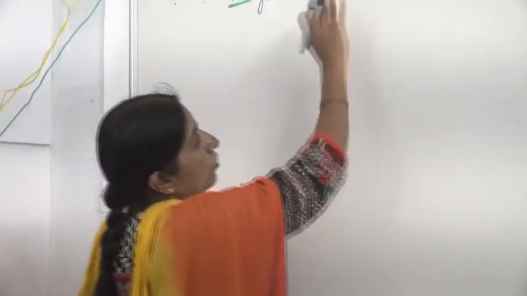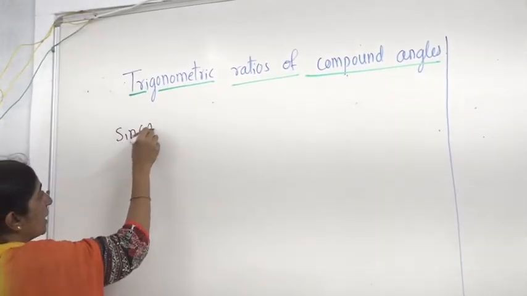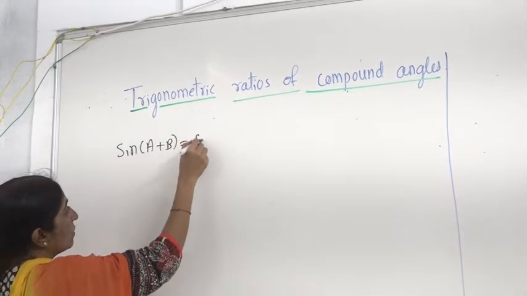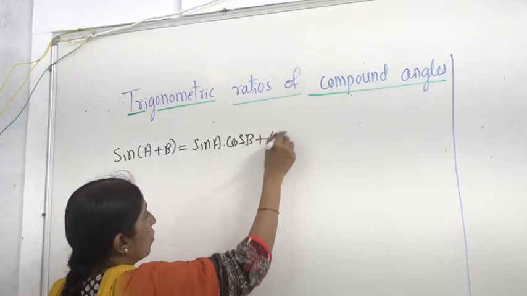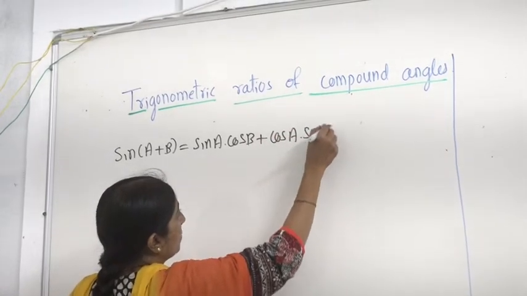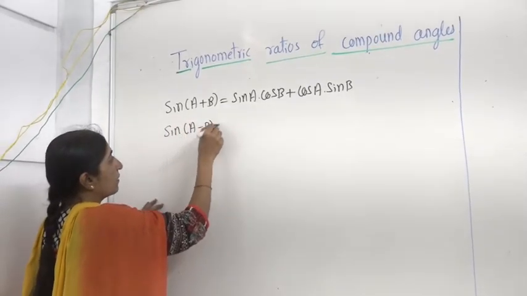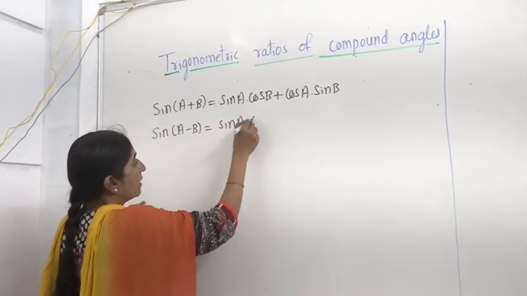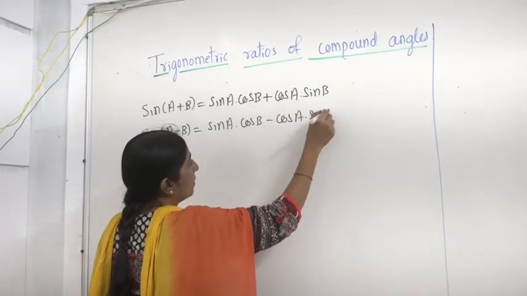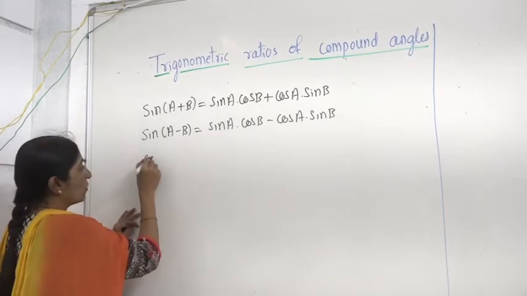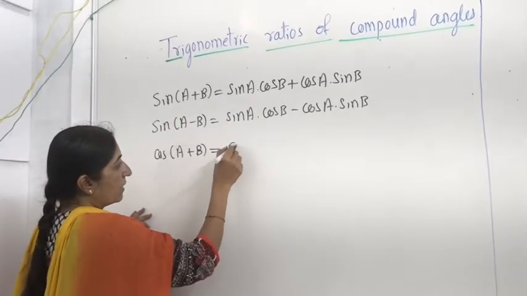First I am giving you trigonometric ratios of compound angles. See what are they? It is sin(A+B) = sin A cos B + cos A sin B. And exactly below I am writing sin(A-B) = sin A cos B - cos A sin B. And when you are writing cos, note this: if cos has a plus on the left side, on the right side we have a minus.